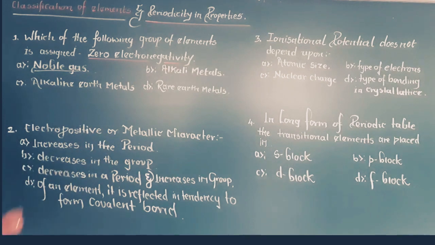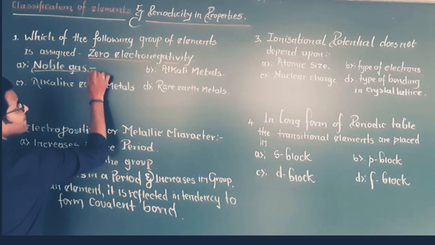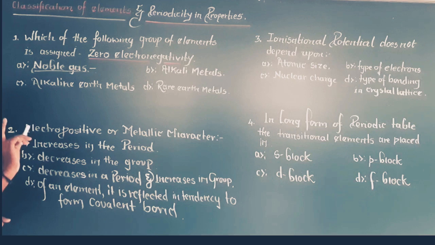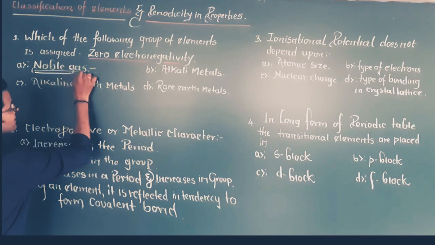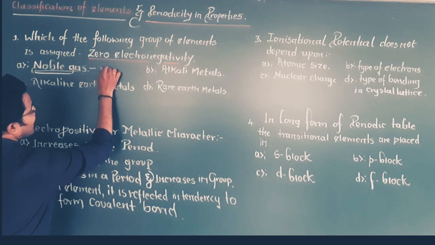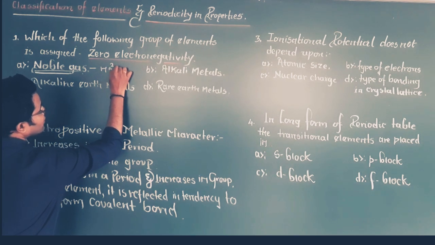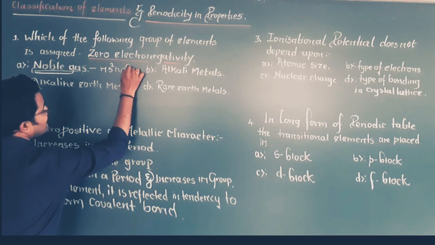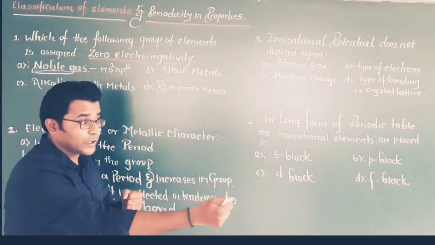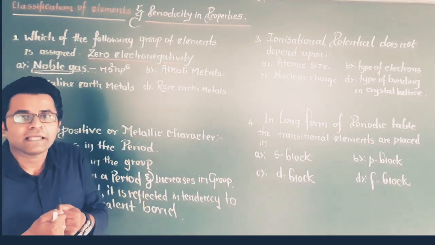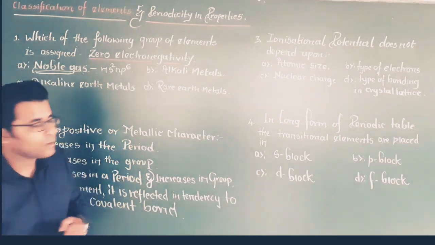In noble gases, the electronic configuration plays an important role. These gases already have a completely filled outermost configuration as ns2 np6. First condition, it is not going to drag any electrons towards itself.